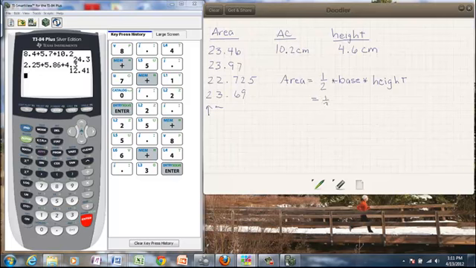So I'm going to take 1/2 times 10.2 centimeters times 4.6 centimeters. So we'll do that over here. Let's clear this out.